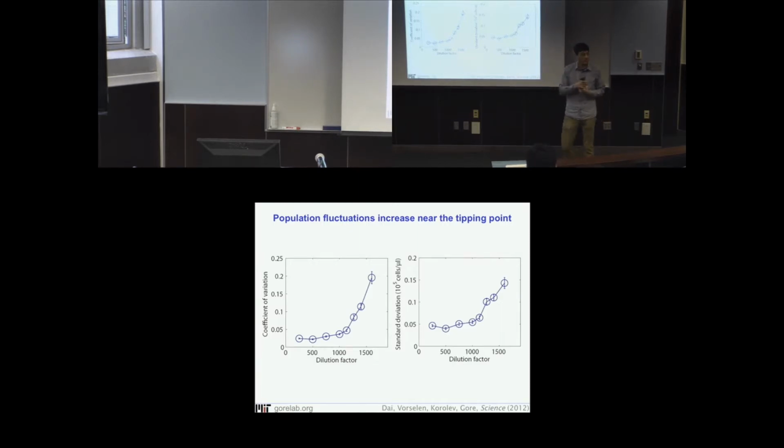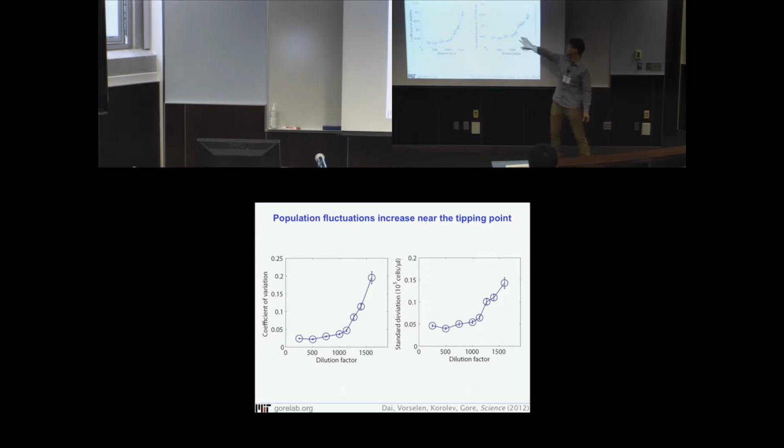I hate to interrupt you. That's fine. But here, the number of cells per volume goes down. Wouldn't you expect, from sheer numbers, that fluctuations would be a little higher? Well, you're thinking about root n fluctuations, right? So you're saying that the percentage error maybe should go up.